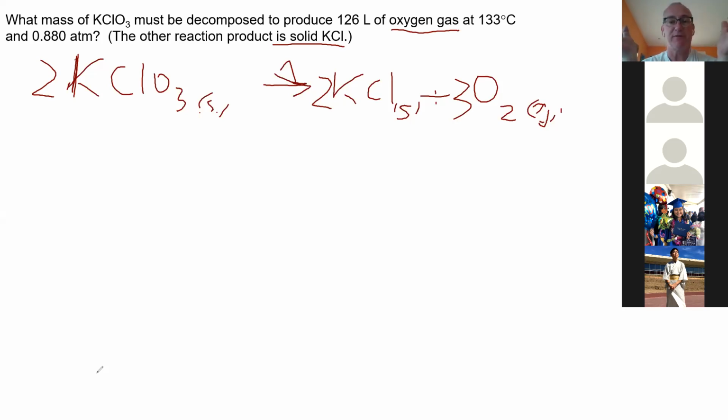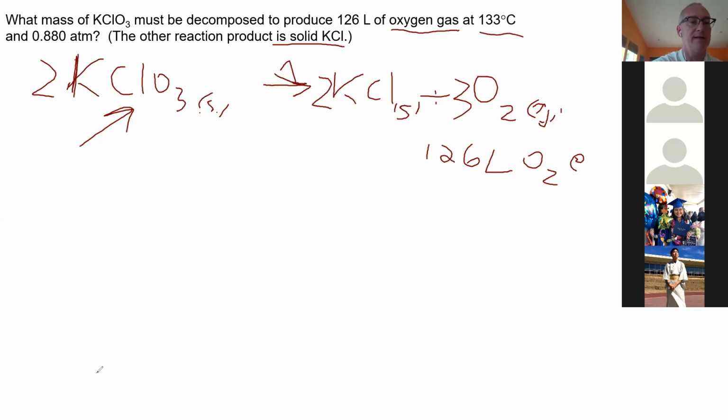Now from here, it's trying to figure out stoichiometry. What's the relationship between products and reactants? Because it's asking how much reactant we need. It's asking how much of this we start with if we release 126 liters of O2 at this temperature and this pressure.